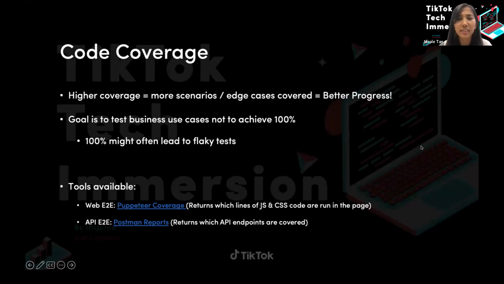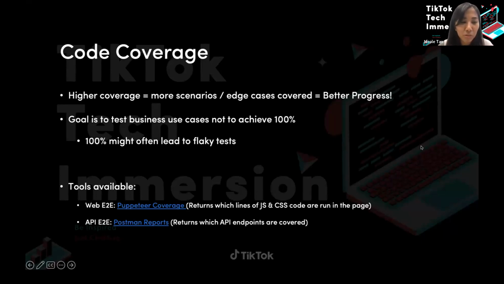Internally, maybe not in TikTok, but I think also in other companies, it depends on the business, but maybe 80% is a good baseline to have. 100%, meaning testing every if else, might lead to flaky tests, so tests that always fail randomly, or it makes it hard to refactor your code. So just a reminder that it's okay not to achieve 100%.